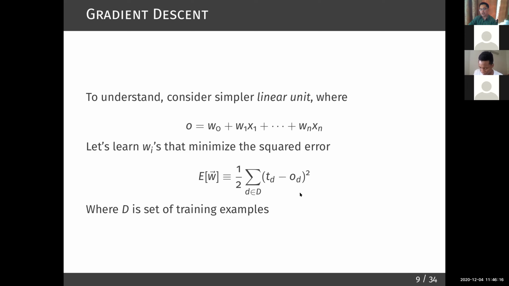We set the squared error to be the target value minus the computed value for a data point D in the training set D. This error is squared, and for each data point you sum the squared errors, and then you take 1/2. This is the error term that we want to consider.